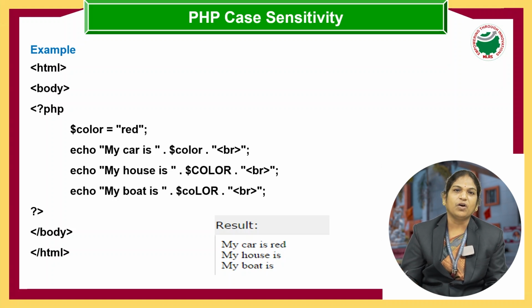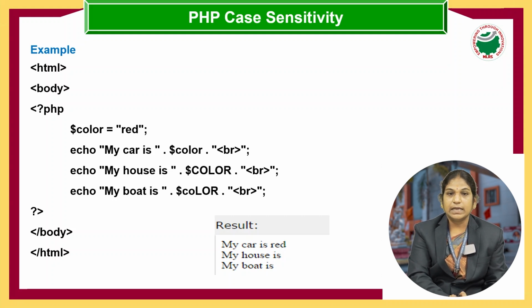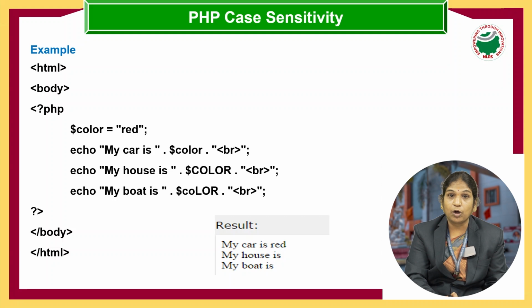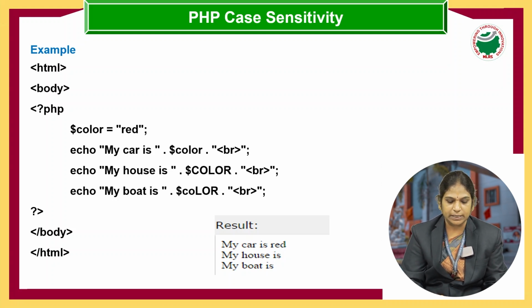So whatever I have enclosed inside the quotes is going to be displayed, that is, my house is. Here $COLOR is not referring to the value of the $color variable which I have written in lowercase. Why? Because here I am calling the variable with uppercase. So it is not going to be displayed.